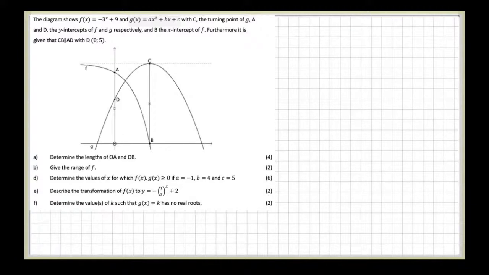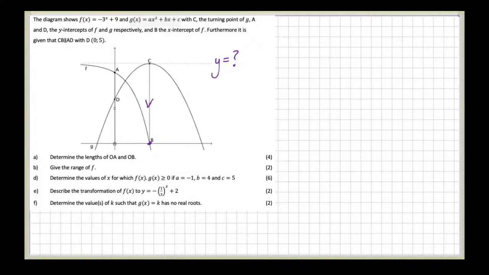Because the interesting thing is I need either the x-intercepts or the turning point. Now, interestingly enough, the turning point has two interesting things in this case. First of all, it has the same y value as the asymptote. Secondly, it passes through the x-intercept of f(x). So before we start anything, let's analyze f(x).